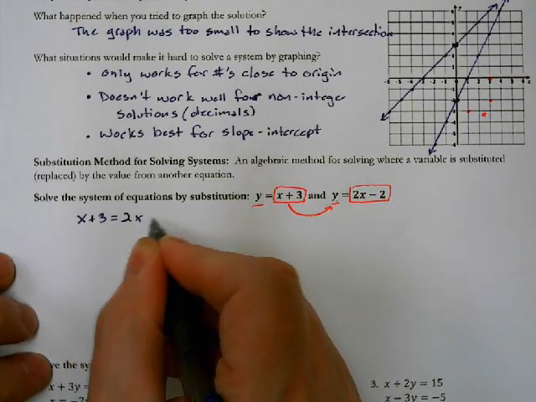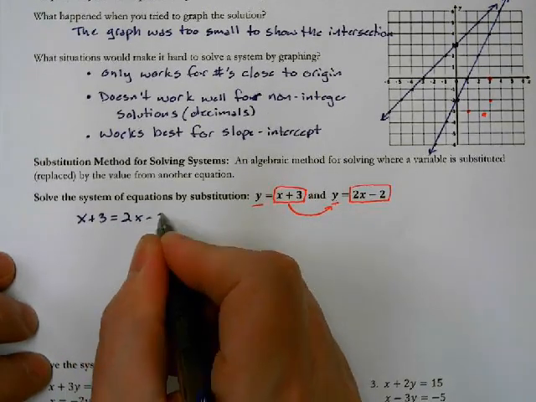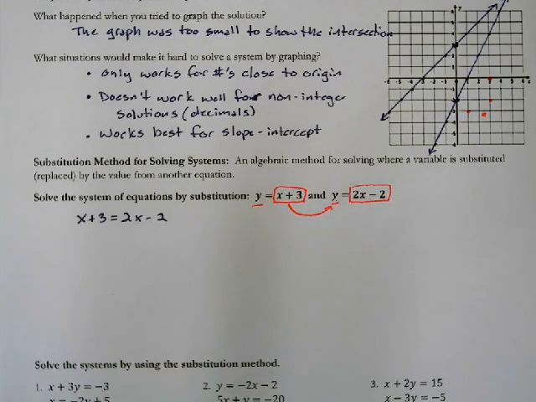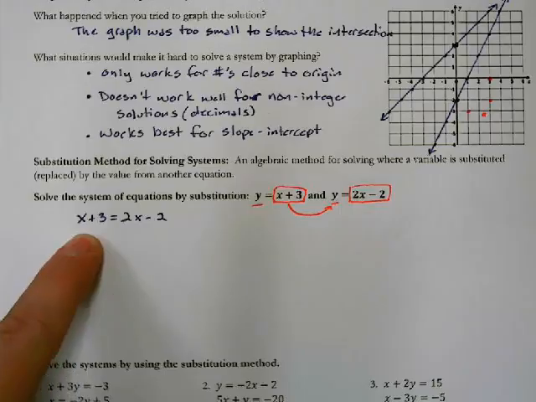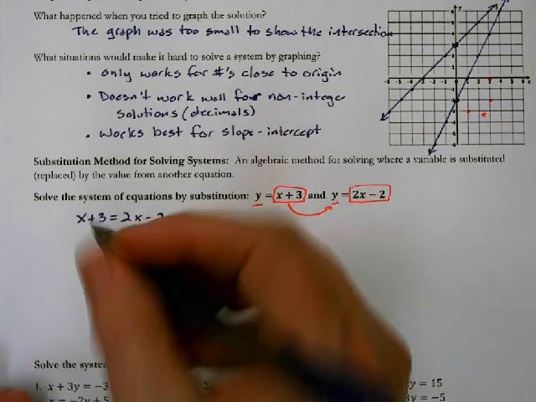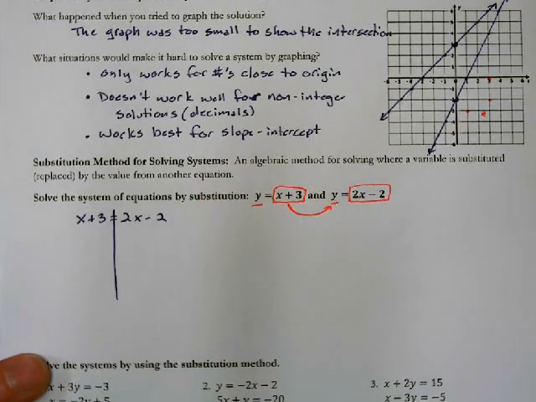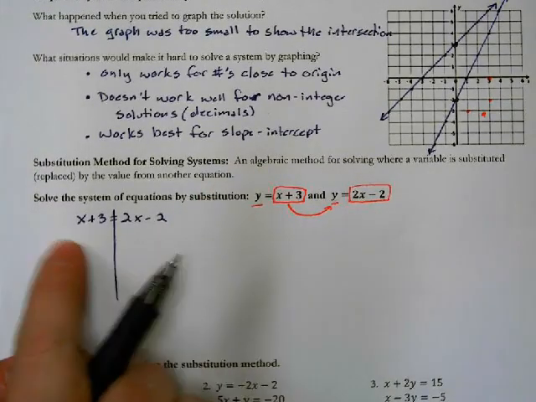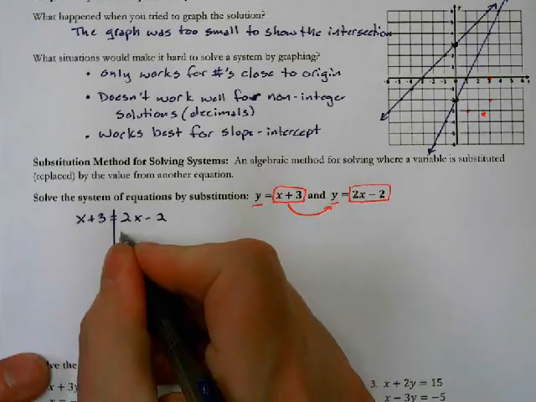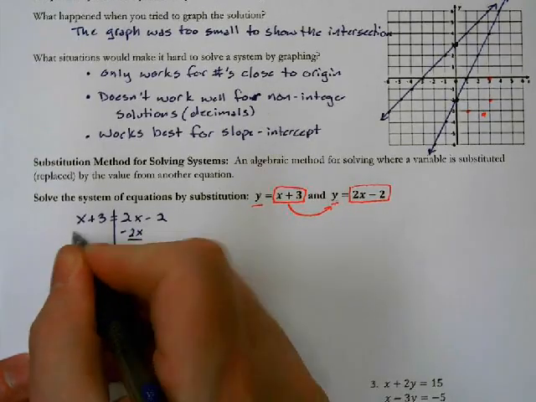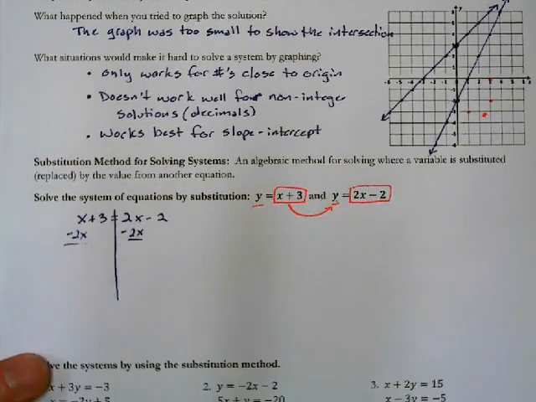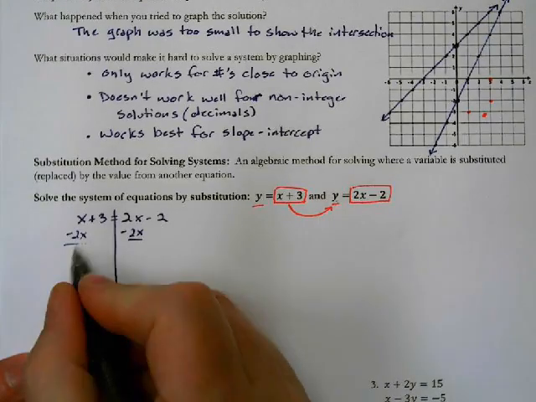Now the great thing about this is I have now eliminated one of my variables. I only have one variable here, which means I can solve this. I can just solve with our normal solving methods that we've done all year. So I've got variables on both sides of the equation, so I would subtract 2x from both sides. Okay, x minus 2x is negative 1x, or just negative x.